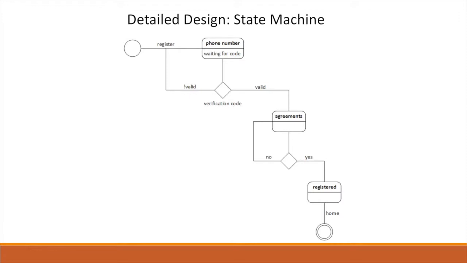Again, if the user doesn't accept the agreements, the application stays on the same state. But if the user does accept the agreement, the application continues to the next state where it successfully registers the user, and then it goes to the home page as a final state.